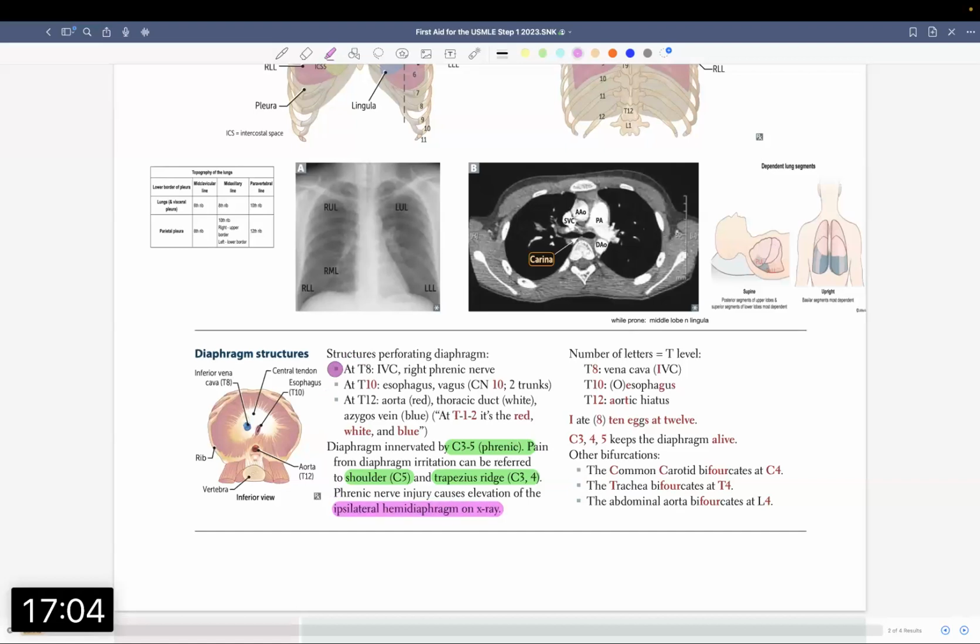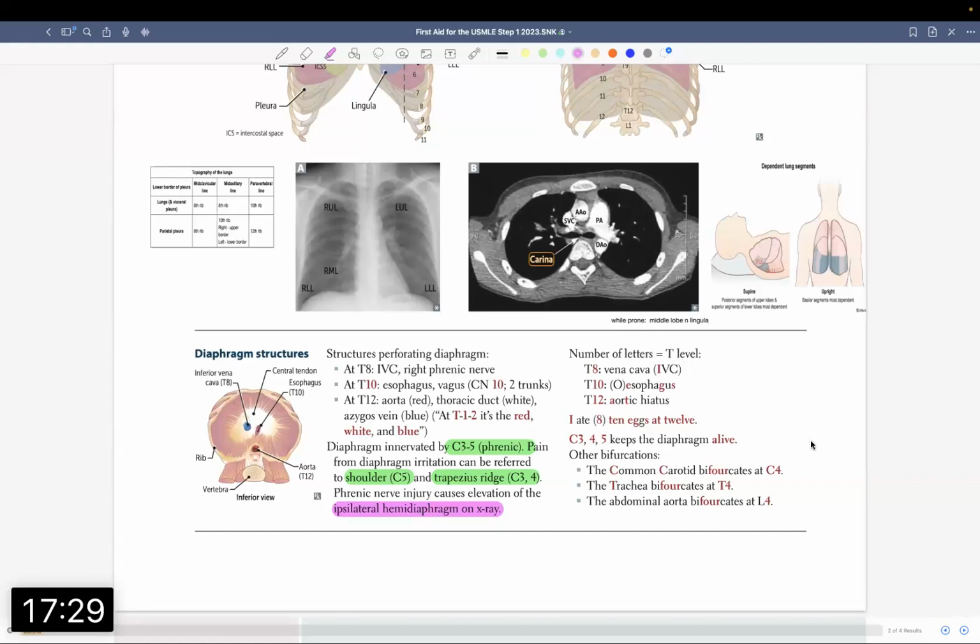And I8: the number of letters is the T level. So I8, 10 eggs at 12 is the mnemonic. IVC at T8, esophagus at T10, aortic hiatus at T12.